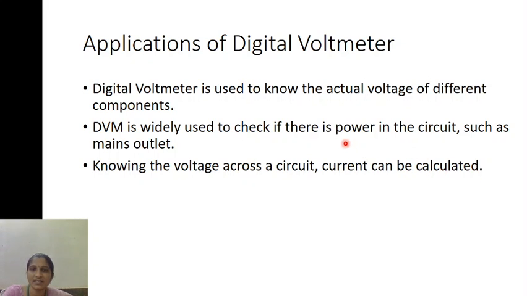As well as calculating the voltage, you can also know the exact reading. While using analog meters, you might be skipping 1 or 2 points, so some readings might vary. But using digital voltmeters, you can know the exact voltage of different components. So these are some of the applications of digital voltmeters.